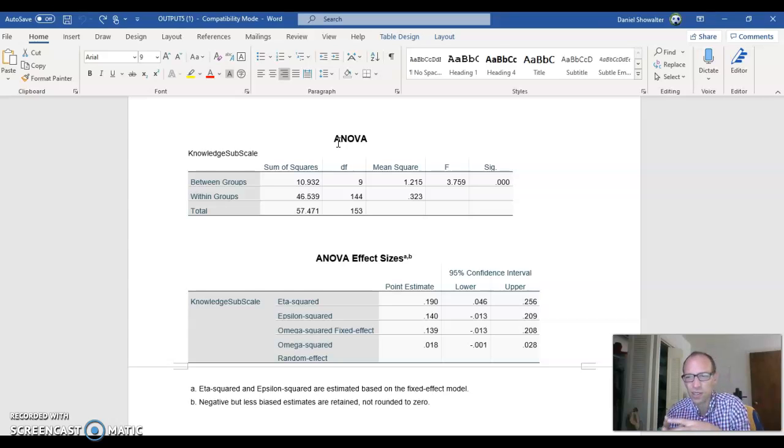Now, because you had 10 groups, which is a lot for an ANOVA, you can see here that the degrees of freedom were 9. It's one less than the number of groups. You can also see the p-value for the overall ANOVA test.